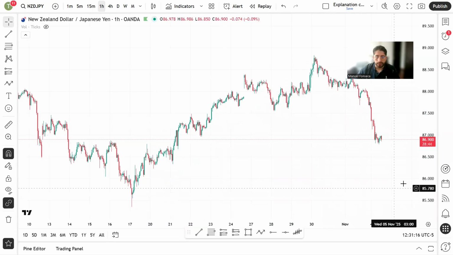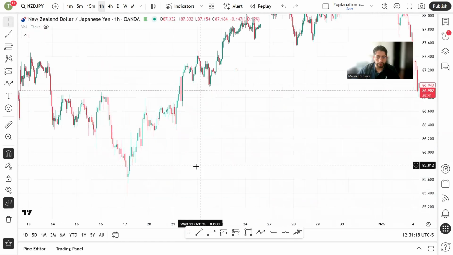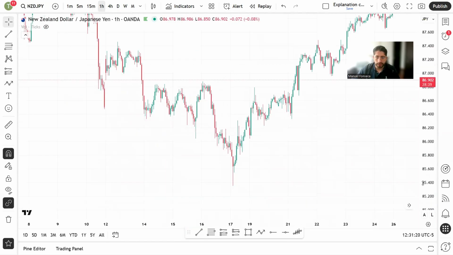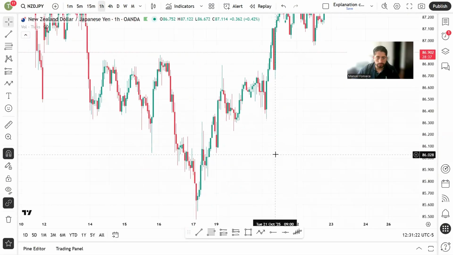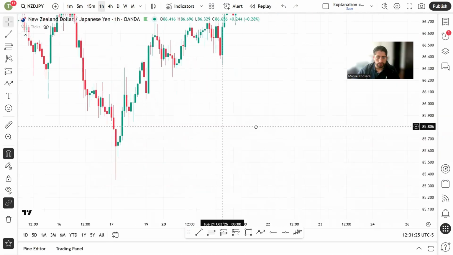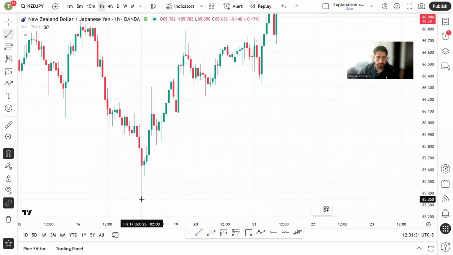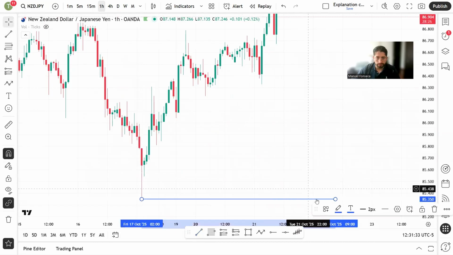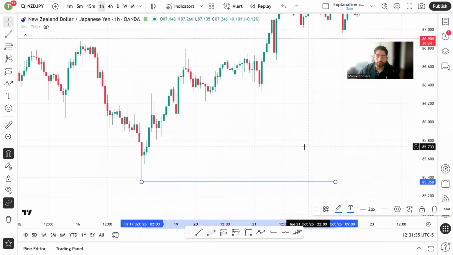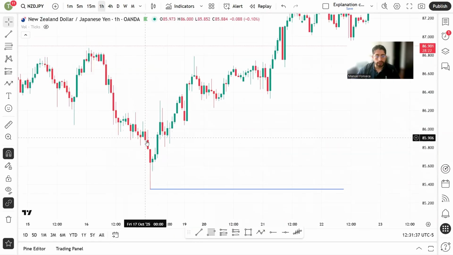Okay. Now let's find these examples. So of course, this low will be our strong low, very evident. This is the lowest low in the market. Perfect. Now we just have to find our liquidity taken.